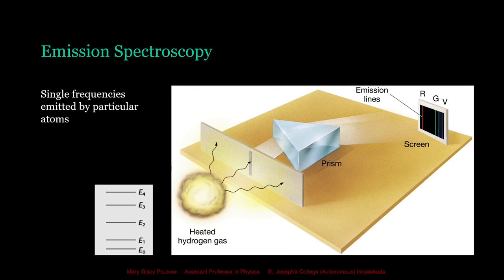That is, only these particular energy levels are available in hydrogen gas. So if we heat hydrogen gas, it can be excited only up to specific energy levels. By the de-excitation of this gas, when it is taken out, it will start to cool, right? So light will be emitted from it.